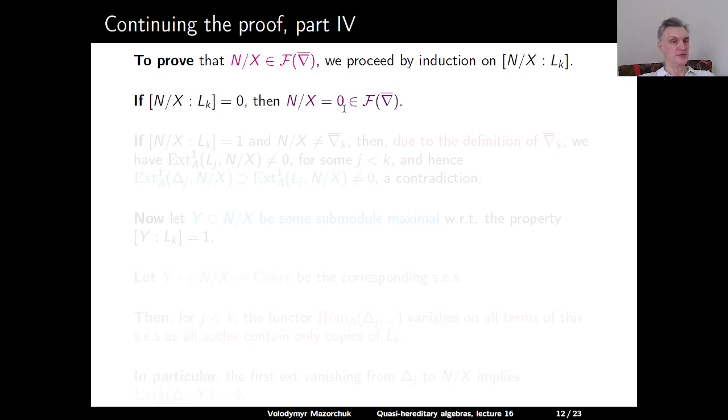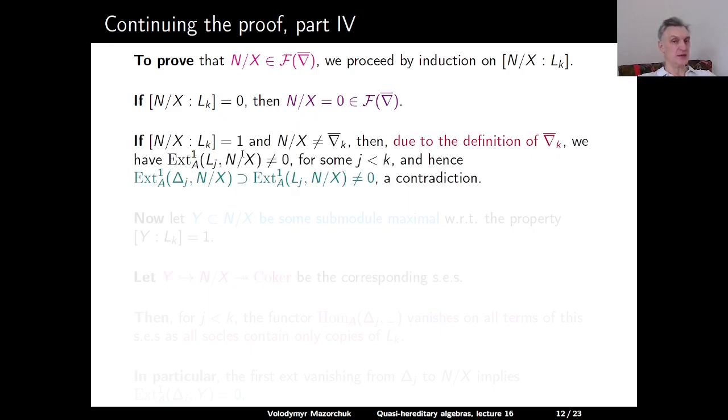If the multiplicity is 1, and N/X is not ∇̄_k, then, due to the definition of ∇̄_k, there is a simple module L_j where j is smaller than k, such that the first Ext from L_j to N/X is non-zero. But this first Ext embeds into the first Ext from Δ_j to N/X, and we get a contradiction. So if our multiplicity is 1, then our module is ∇̄_k.